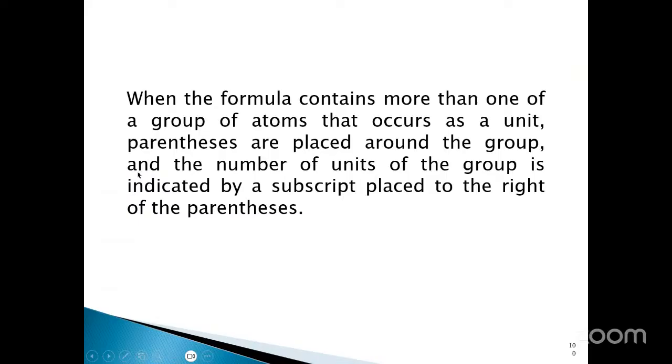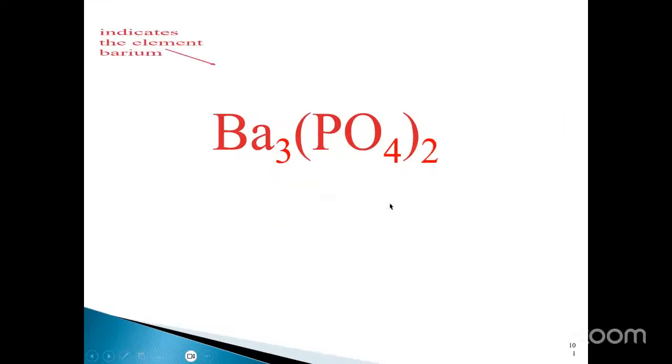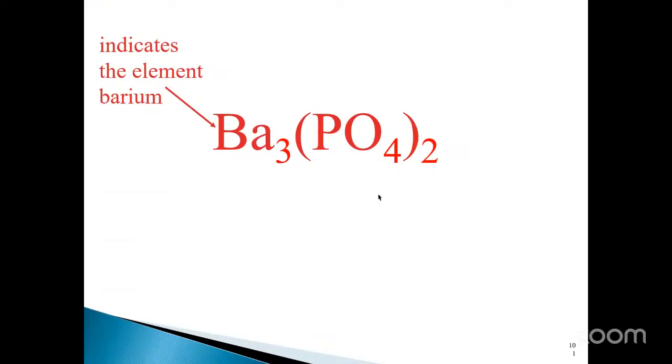You can have a situation where in the formula you will have a parentheses and then you have a number placed outside of the parentheses to indicate multiples of that unit represented within the parentheses. Here's an example, right? This is representing the formula for barium phosphate. And basically, this 3 here, of course, will multiply the number of atoms or ions of barium. So that will be 3 barium ions.